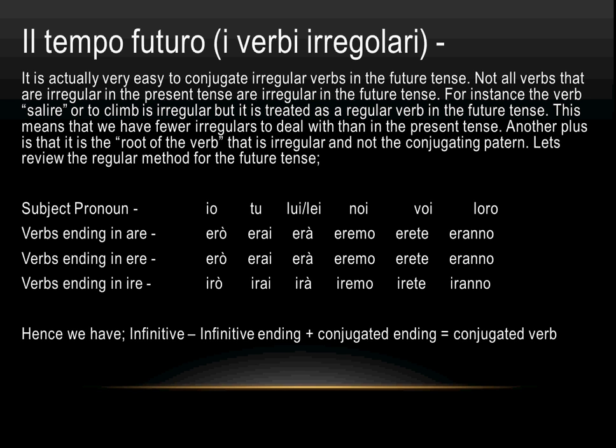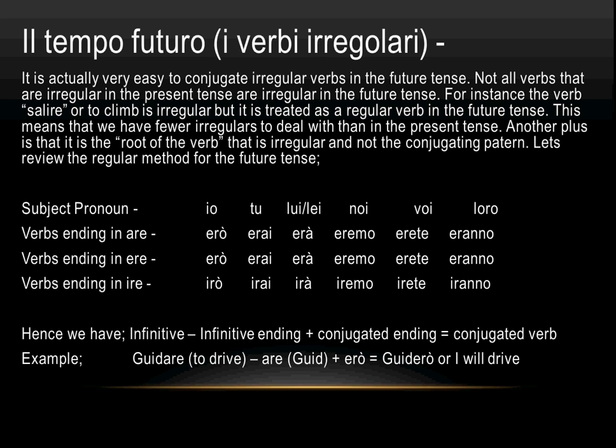Okay, and then our example is that we have the infinitive minus the infinitive ending plus the conjugated ending equals a conjugated verb. In this case, we considered the er and the ir as part of the conjugated ending. So the example we had was guidare minus are equals guid plus erò equals guiderò, or I will drive.